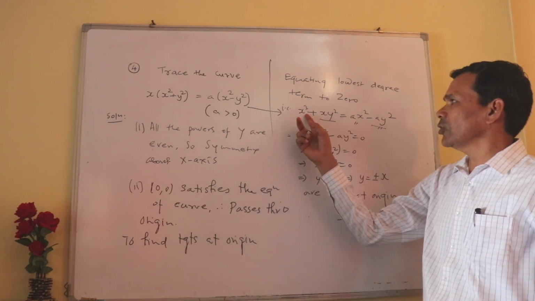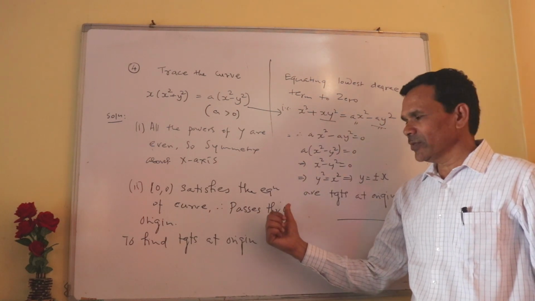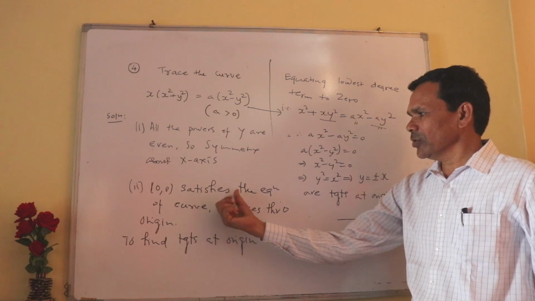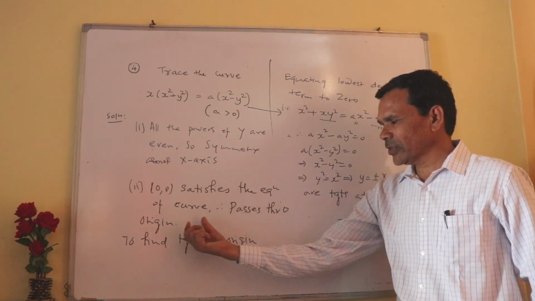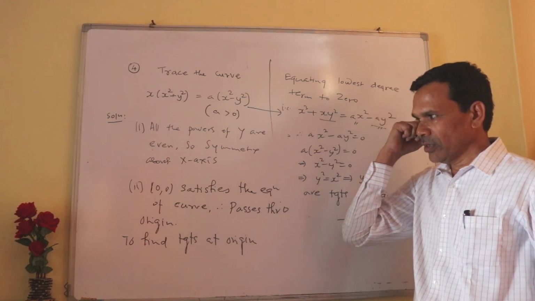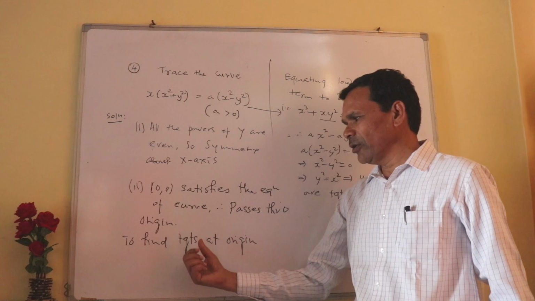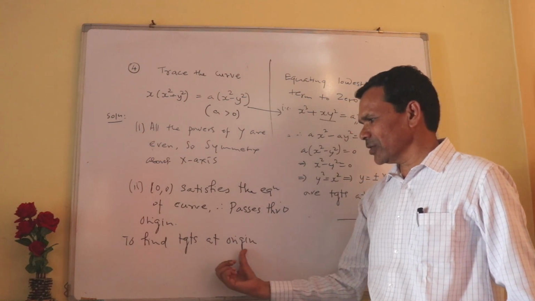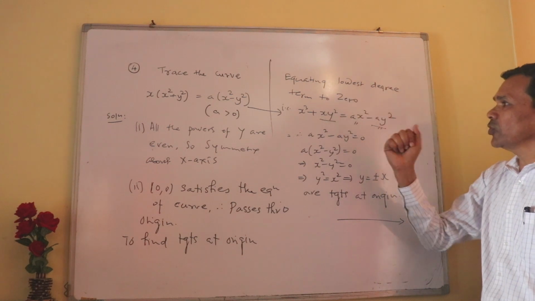Now next is 0,0. If you put x is equal to 0, y is equal to 0 in the equation of the curve, it satisfies. 0 is equal to 0 satisfies the equation of the curve. Satisfies means LHS is equal to RHS. Therefore the curve passes through the origin. If the curve passes through the origin, then only we find tangents at the origin by Newton's method. That method is to find tangents at the origin by equating the lowest degree term to 0.